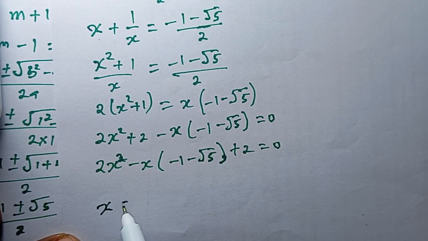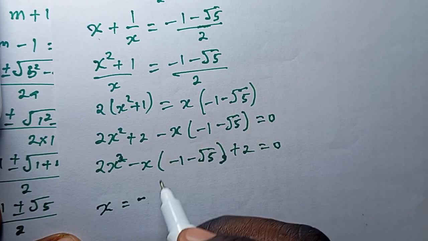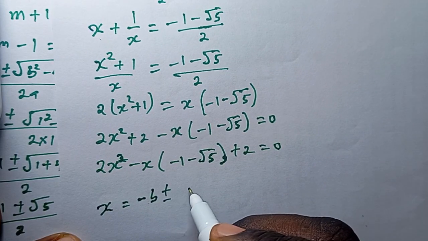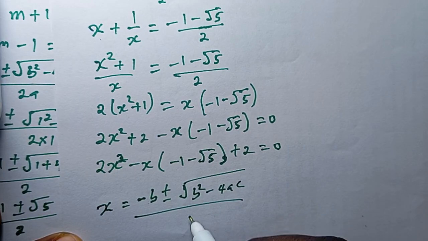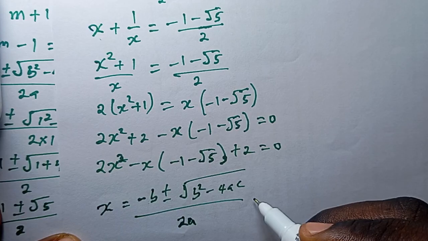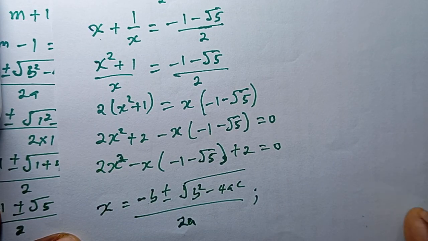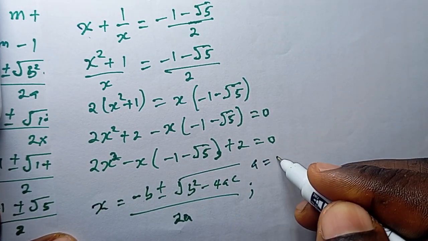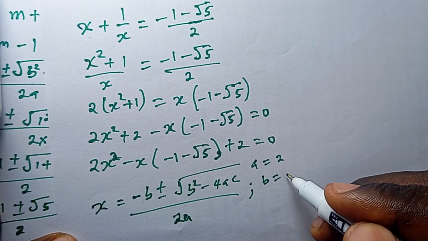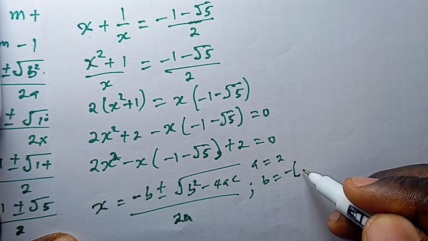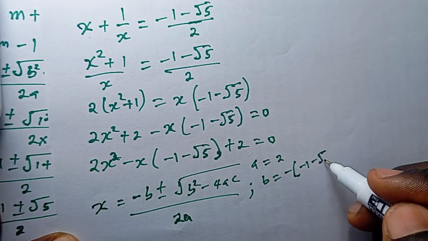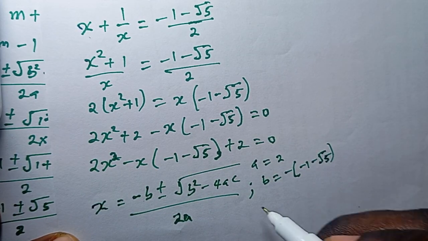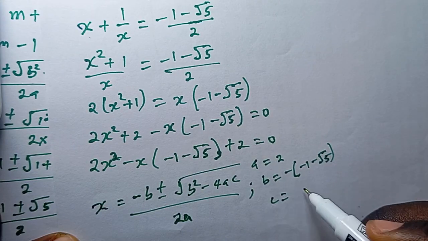So we're going to be using the formula method too. x is equal to minus b plus or minus root b squared minus 4ac, all of these divided by 2 times a. And of course, a is equal to 2, b is equal to minus into (-1 minus root 5), and then c is equal to 2.